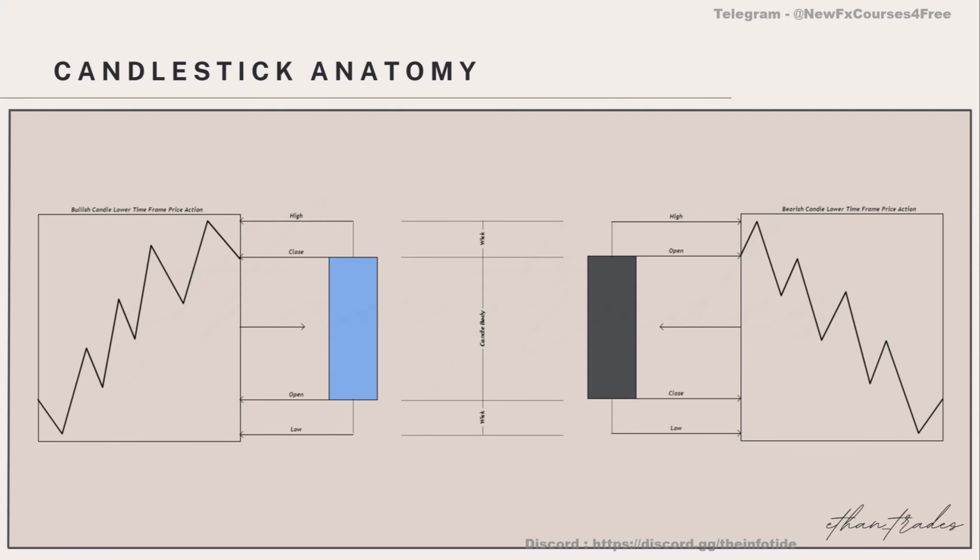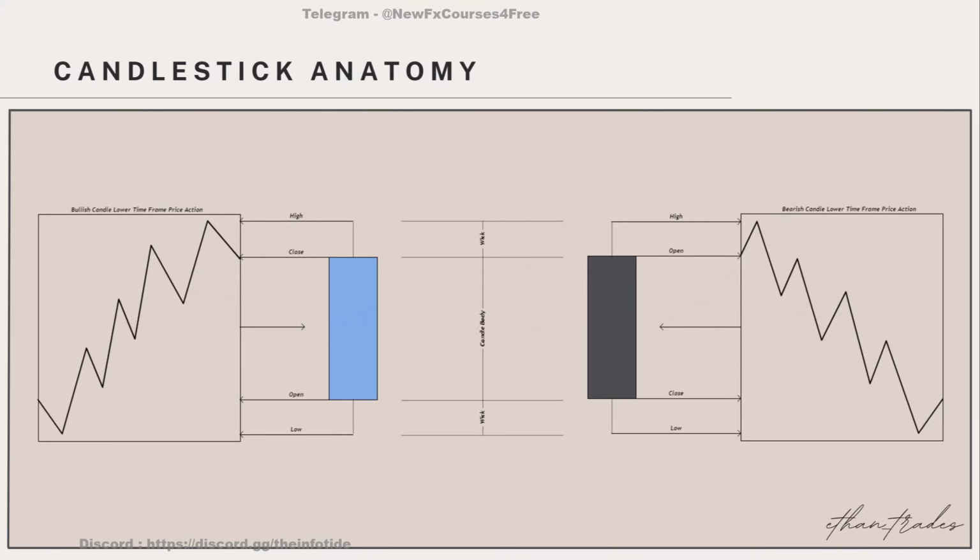The open, high, low, and close are the four key price points in a candlestick. Each candlestick provides information about the price movements during a specified time period. The opening price is the first price at which a trade occurs during the time period represented by the candlestick.